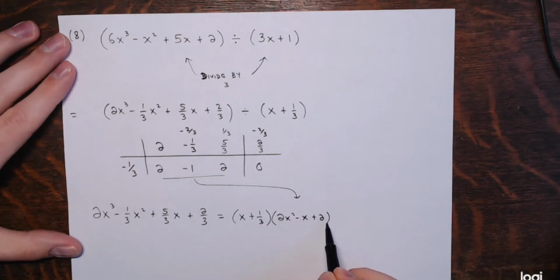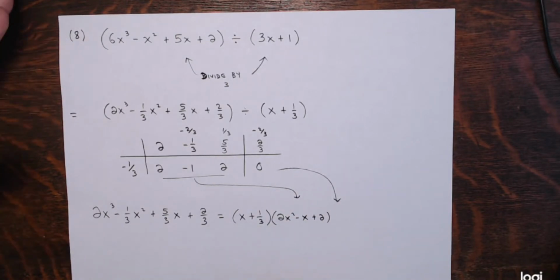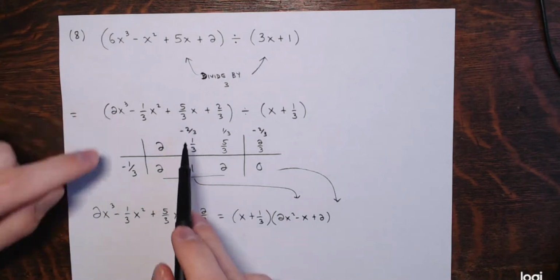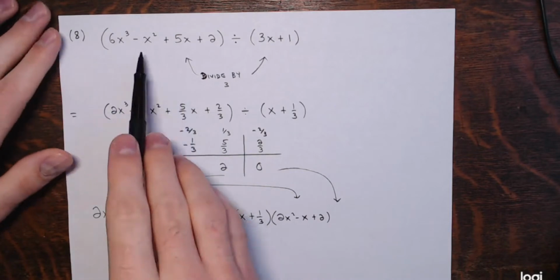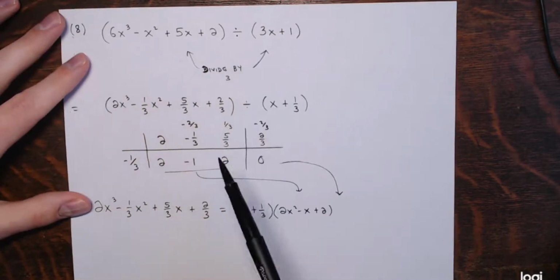And then again plus 0, but there's no need to write plus 0. And then to go back, that's with this dividend and this divisor of x plus 1/3. If I want to go back to the original dividend and divisor, then I just multiply by 3.